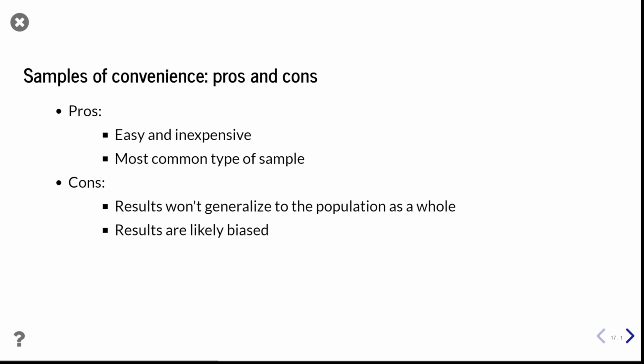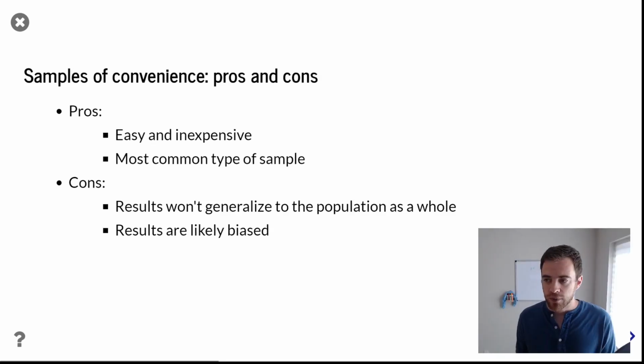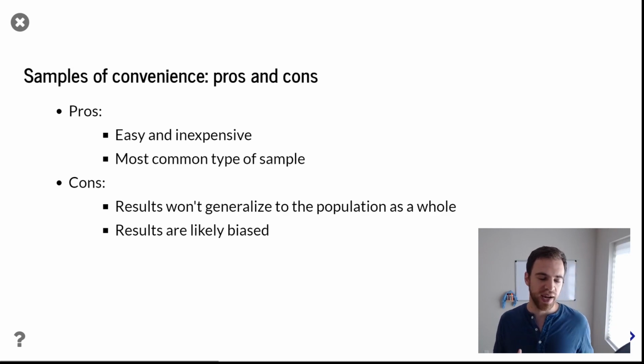Okay, so think again about my poll on Apple's website. That's not going to generalize to everybody because the results are likely biased. So it's just important to keep in mind that whenever you see a study, you want to ask, how did they collect the data? And if it was a sample of convenience, then you want to be kind of skeptical about the results.